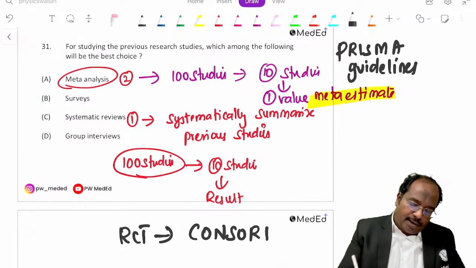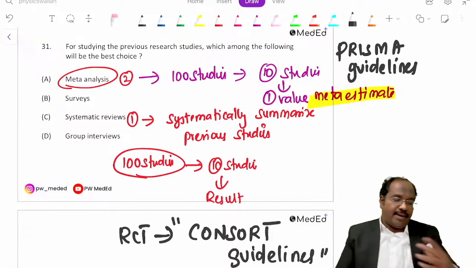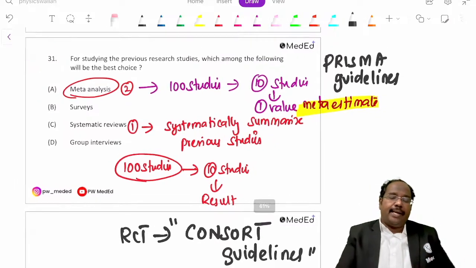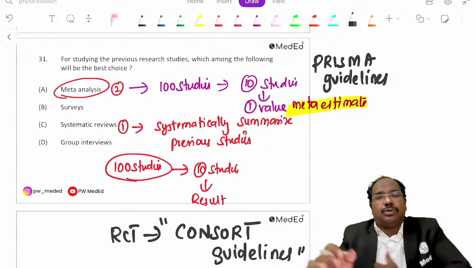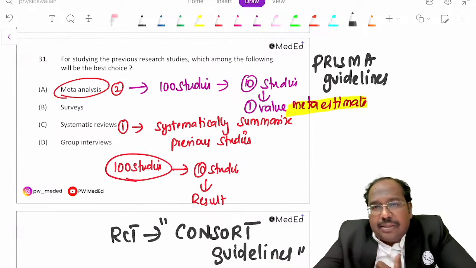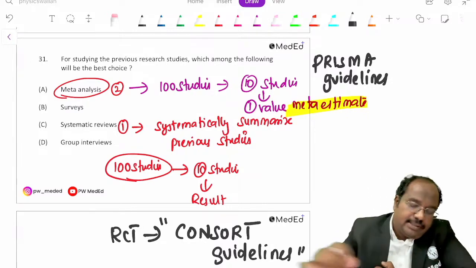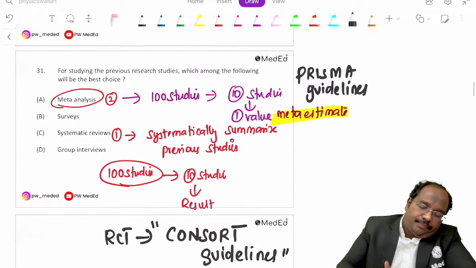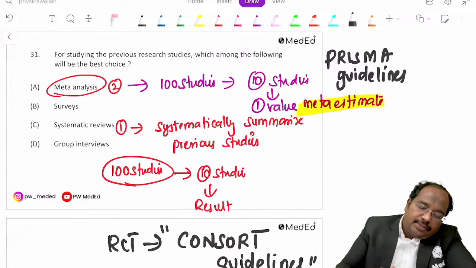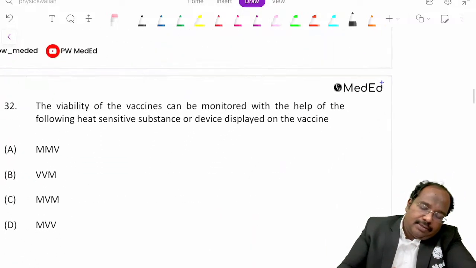So we have guidelines on how to write an RCT. It's a kind of checklist. For meta-analysis, use PRISMA. For RCT, use CONSORT. Hope you understood this. We'll go to the next question, guys.